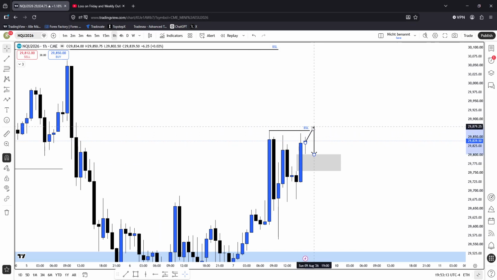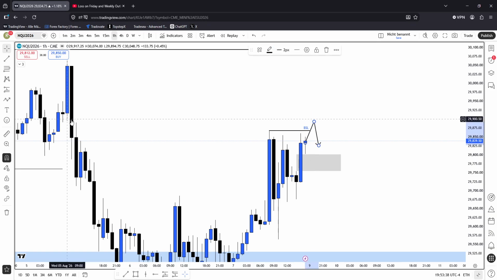If we get something like that, I will be really careful. And technically you could consider some shorts inside this gap then, but I wouldn't really do that. Maybe for challenge accounts, but I wouldn't really risk money on that, especially if we get a simultaneous tap inside this small gap here.